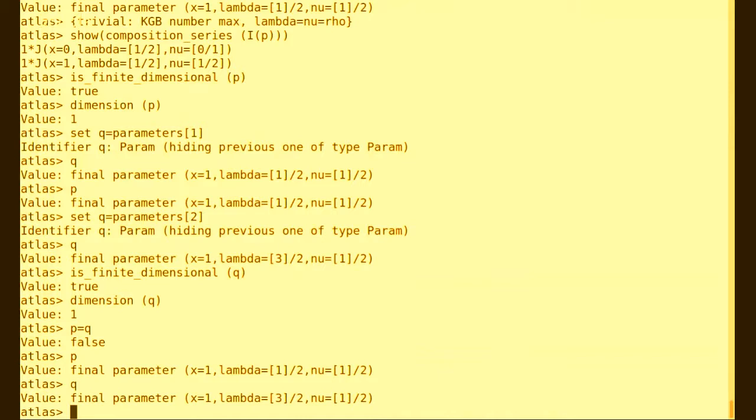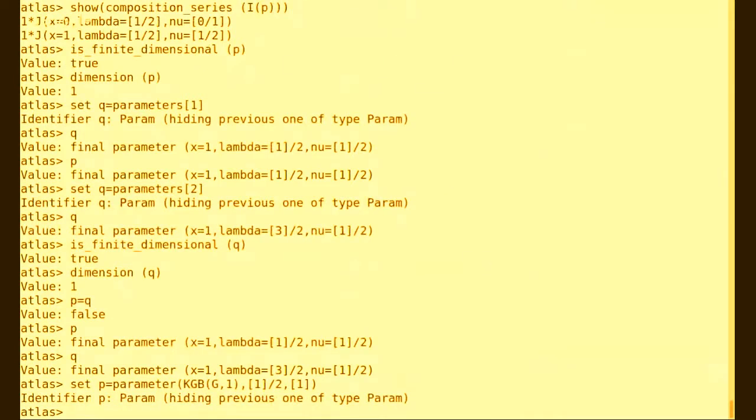All right, now let's do another example. What if I said P is parameter KGB 1, let's say lambda is a half, and let's take nu to be 1. What can we say about this?